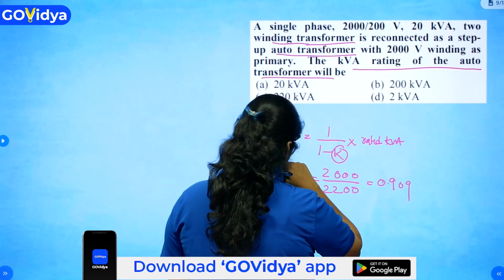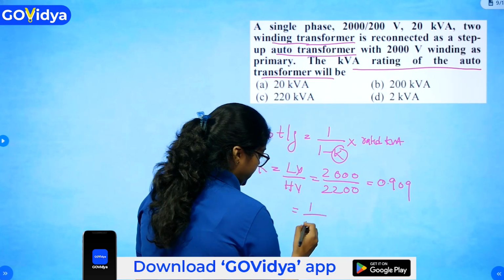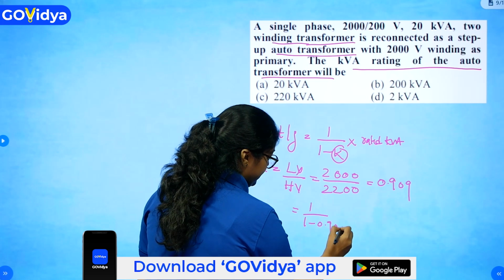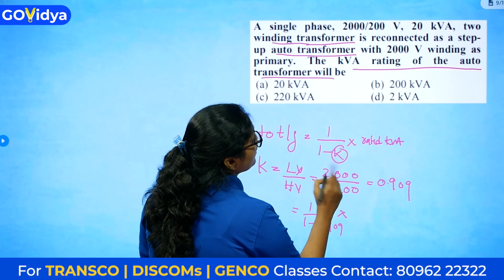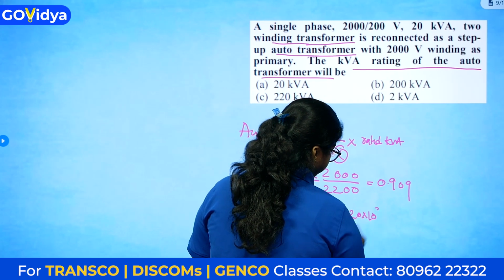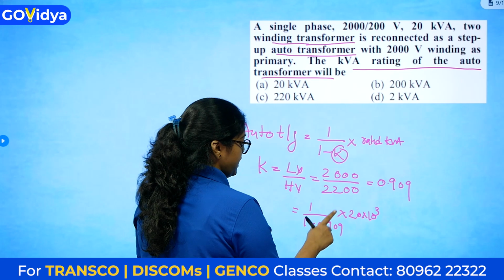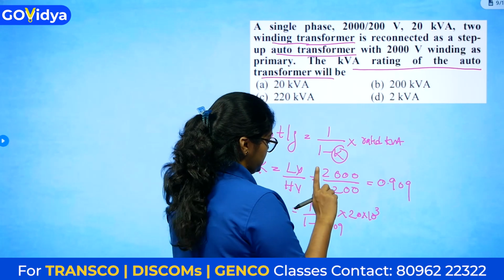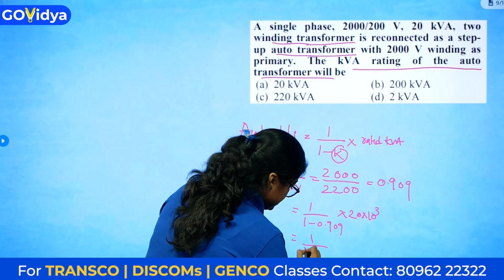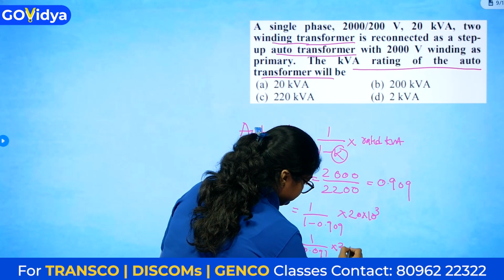Now let's substitute the values in the given formula. So 1 by (1 minus 0.909) into the kVA rating, 20 kVA, 20 into 10 cube. So 1 minus 0.909 is nothing but 0.091. So I can write 1 by 0.091 into 20 kVA.